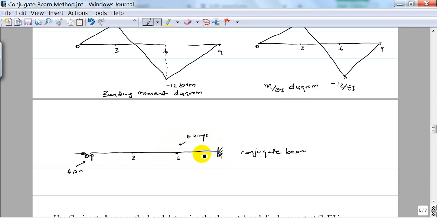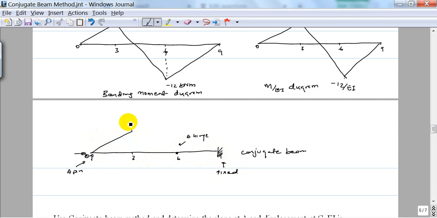So it's a beam which has a segment 0 to 6, a kind of a simple support, and then here it's a cantilever. So there's a hinge, there's a fixed support.